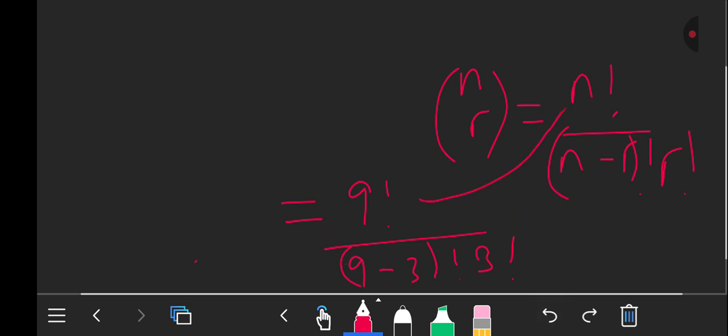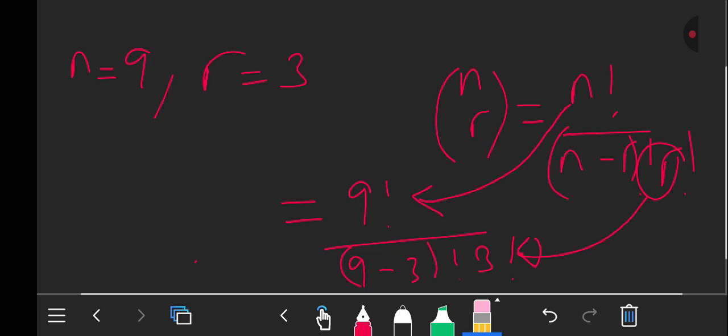Our n is equal to 9, and our r is 3. So this implies that we can now put this in the binomial way.